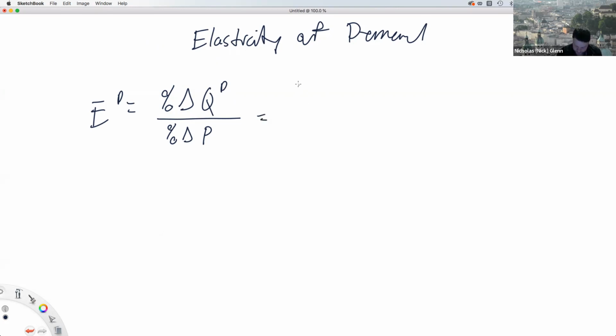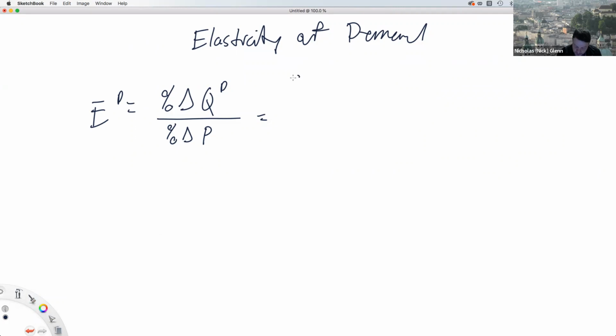Well, that's just the change in quantity. Oh, let me write this out better. I'll go to the in-between formula here. All right, so the percent change in quantity demanded. What is this?